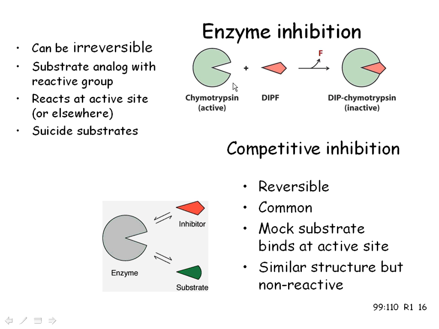This is an inhibitor we made up to study chymotrypsin. But in our bloodstream, there are irreversible inhibitors that are proteins that are willing to die to inhibit proteases and stop the process of clotting. They're suicide substrates. A second kind of inhibition is competitive inhibition, and this is reversible. It's one of the most common kinds of inhibition to find. The idea here is that the substrate that should bind and the inhibitor that's getting in the way both have features, in this case the little pointy ends, that map to part of the active site.